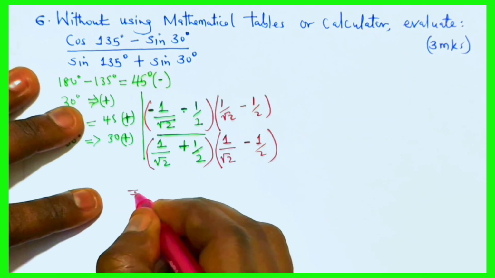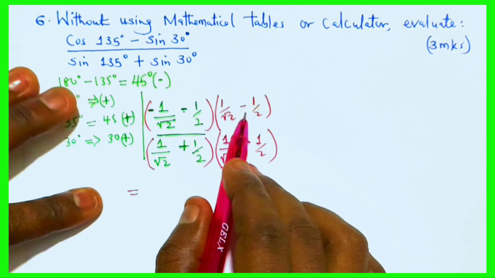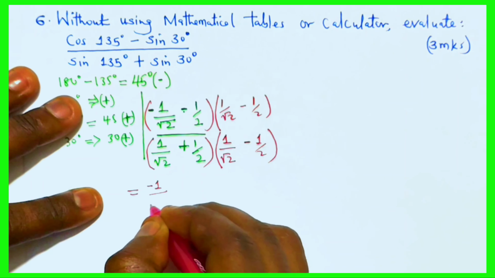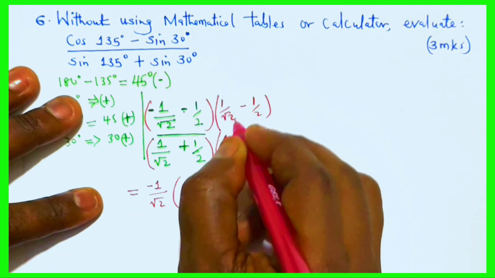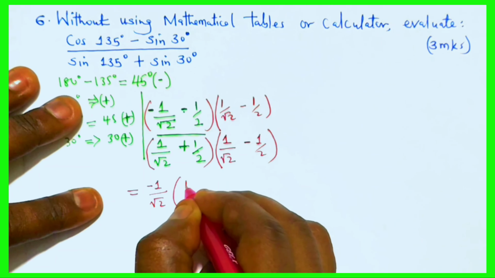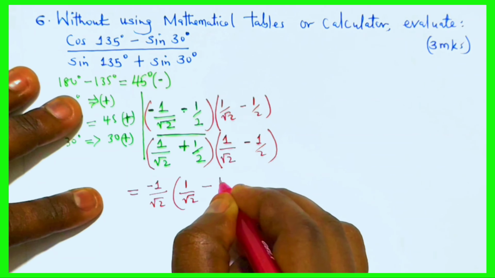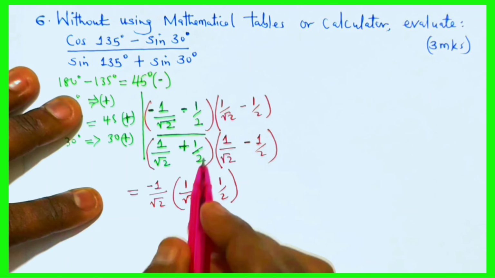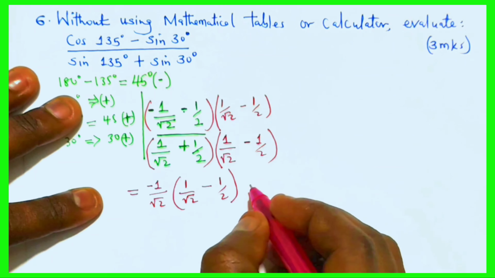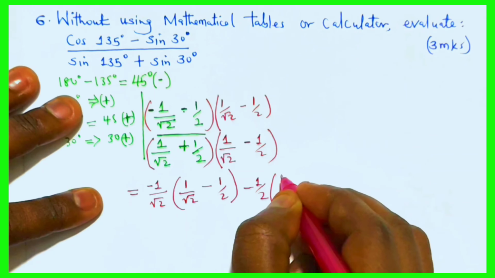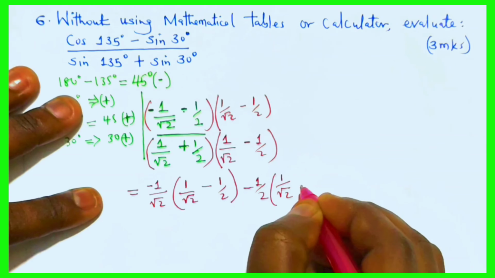So my next step is to expand. I'll have negative 1 divided by root 2 to multiply this bracket here, which is 1 over root 2 minus 1 over 2, and then minus 1 over 2 to also multiply the second bracket there.